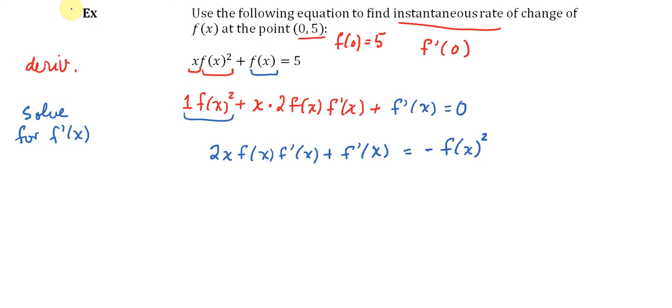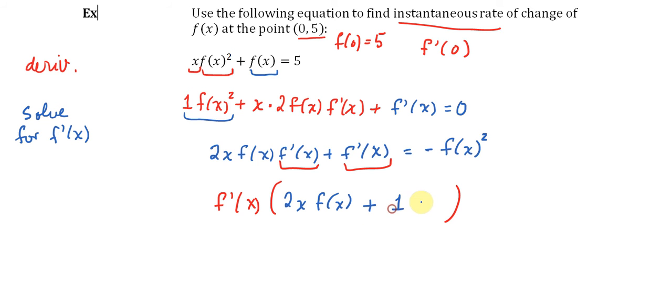Then we're going to factor out f prime here and here. So we have f prime of x times what's left, 2x f of x plus 1, and this is equal to negative f of x squared.